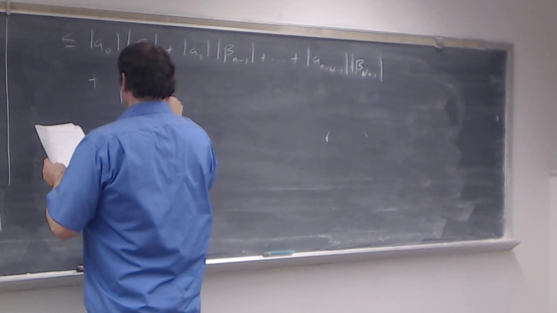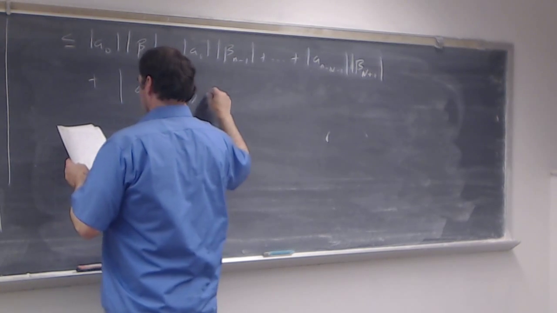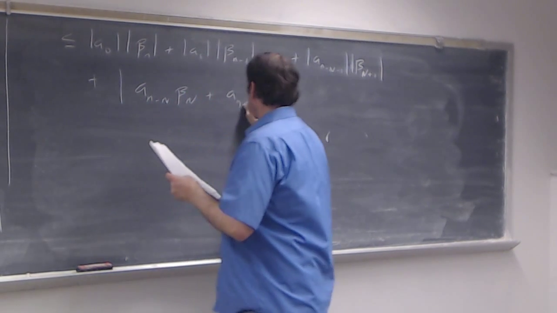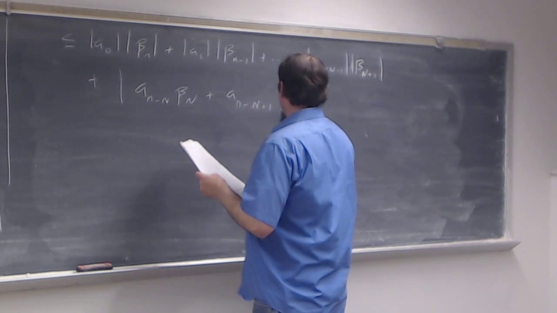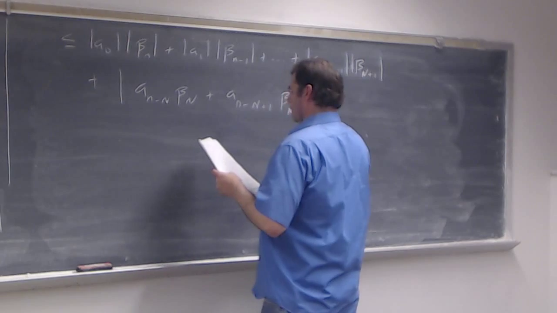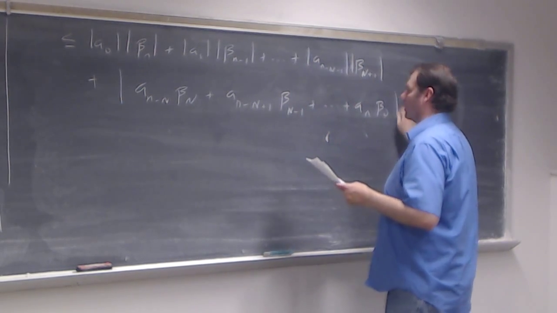And so this is a sub n minus big N beta sub big N, plus a sub n minus big N plus 1 beta sub big N minus 1, plus all the way up to a sub n beta sub 0.